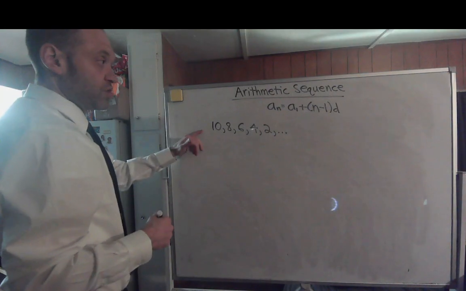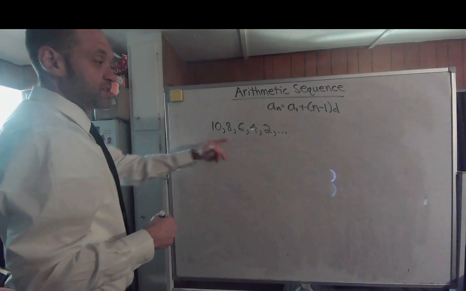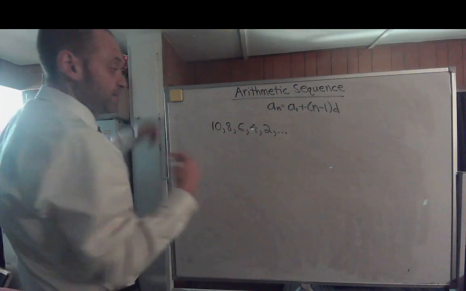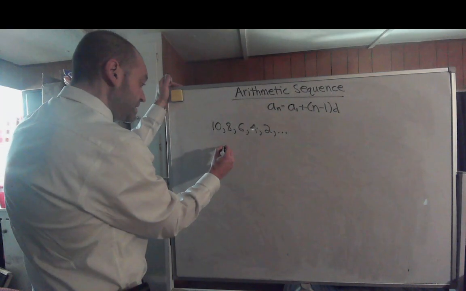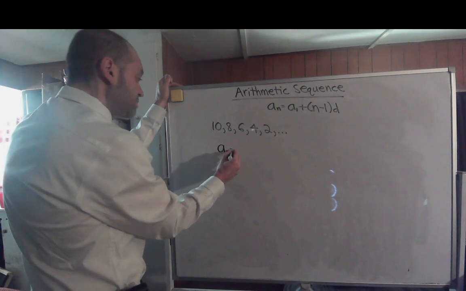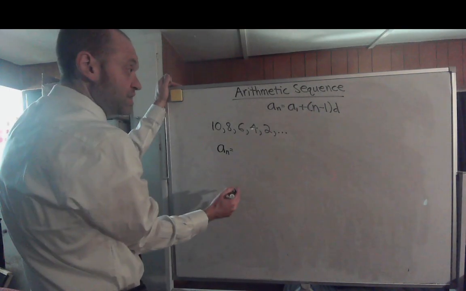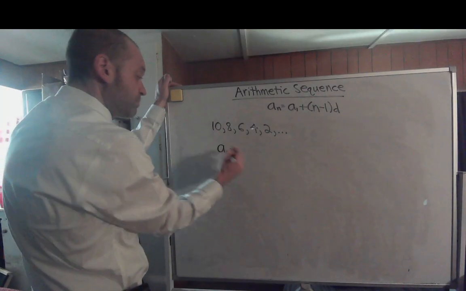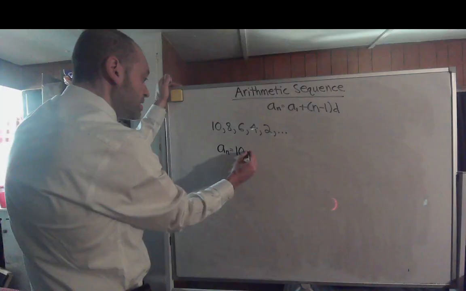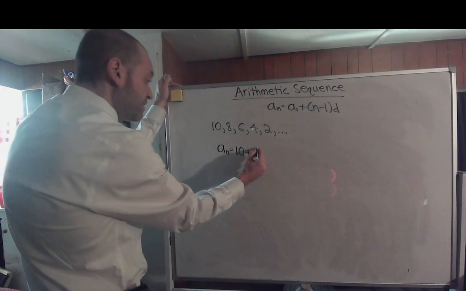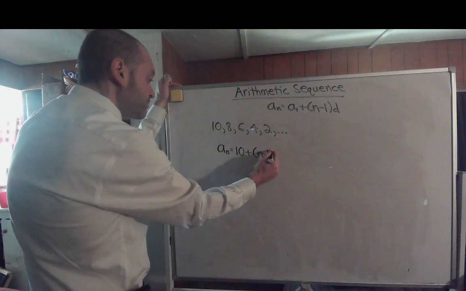So what if we tried to find an explicit formula for this particular sequence? Well, a sub n is going to equal my a sub 1, which in this case, my first term a sub 1 is 10, plus we have n minus 1, right?